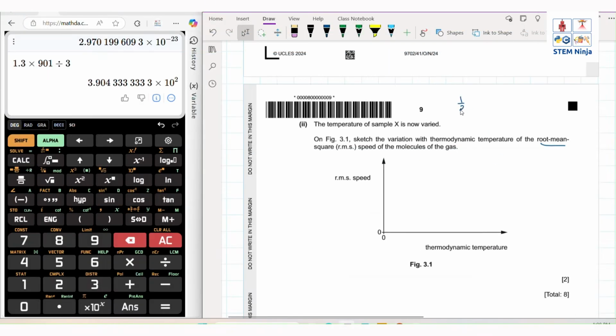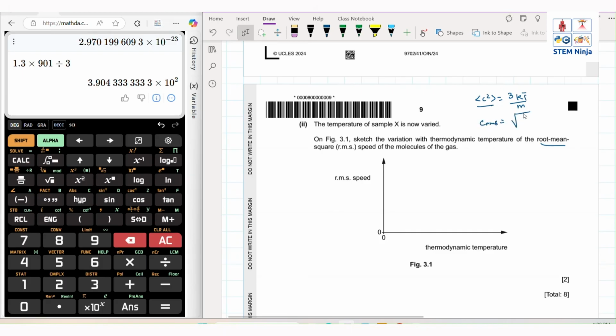So we have half mc squared equals 3 by 2 kT, and then obviously we take away the half and take away the mass on the other side, we get this. This is mean squared speed. When we take the square root, we get the RMS speed.